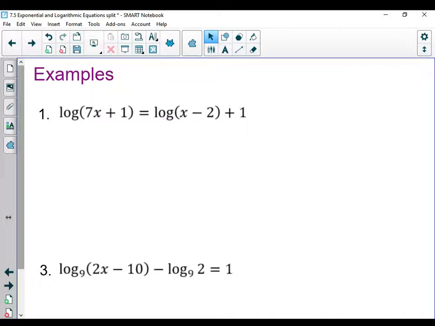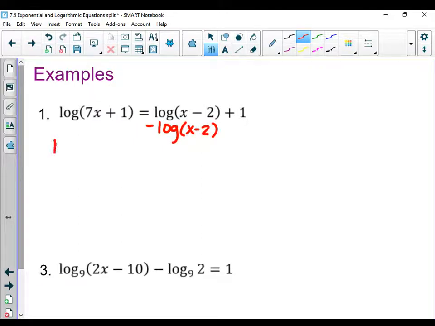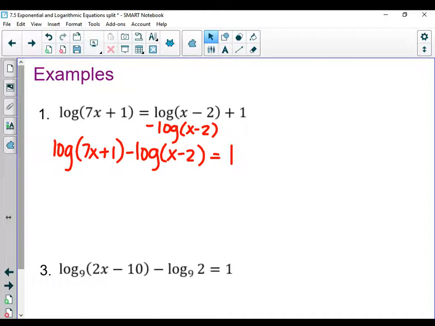So what we're going to have to do is make this into one single logarithm. Well, if one's over here, I'm going to subtract it over. And since we're subtracting between two logarithms, to condense them, we're going to do what? Divide.